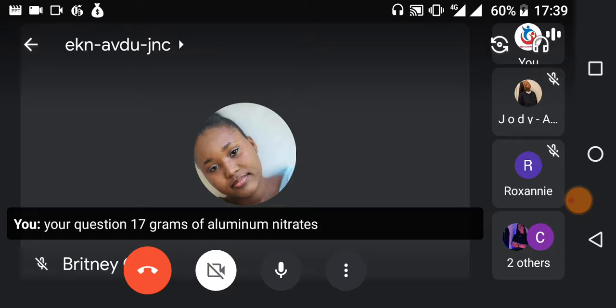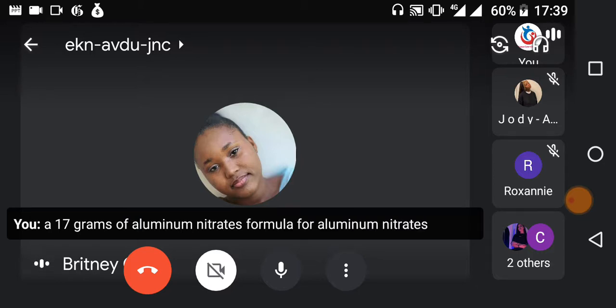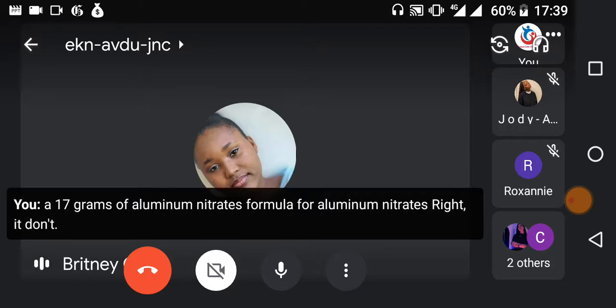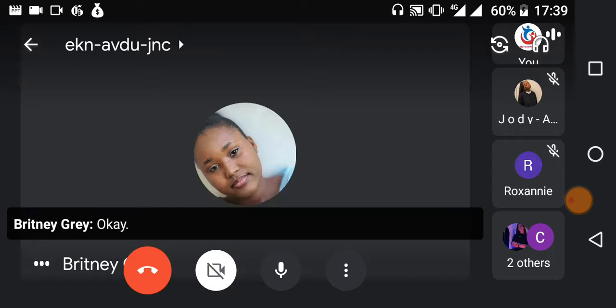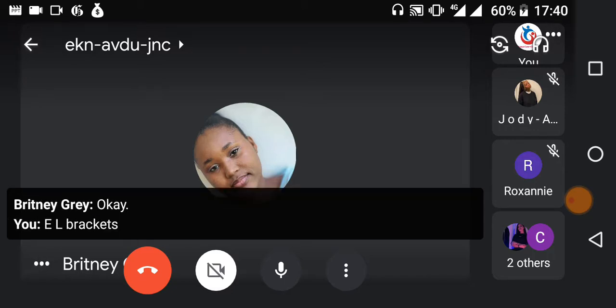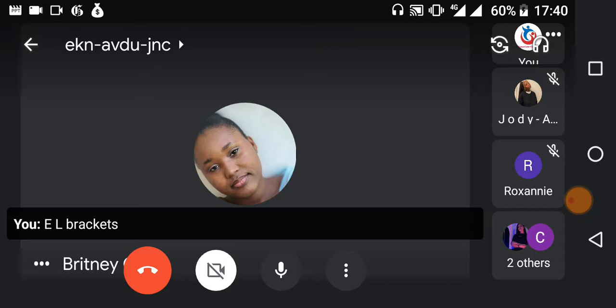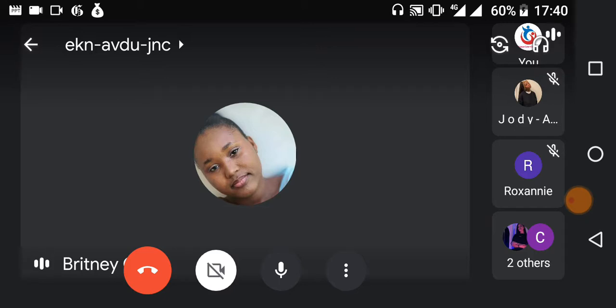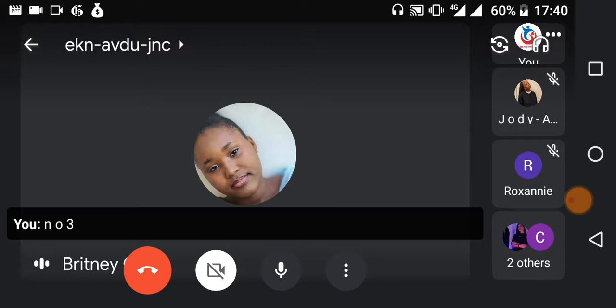Write down the formula for aluminum nitrate: Al, bracket, NO3, close the bracket and put 3 outside the bracket.